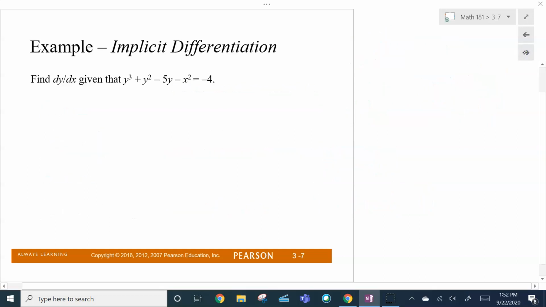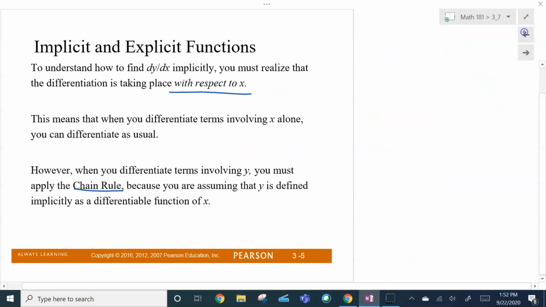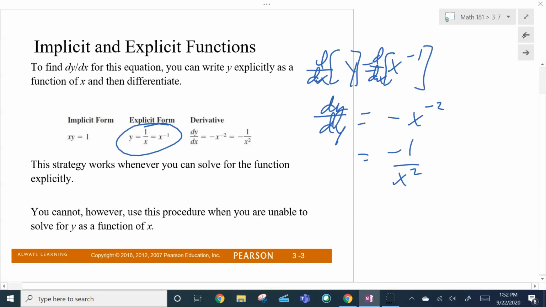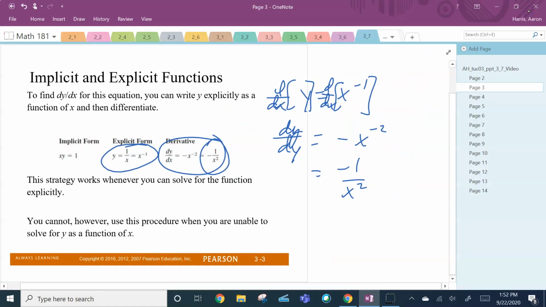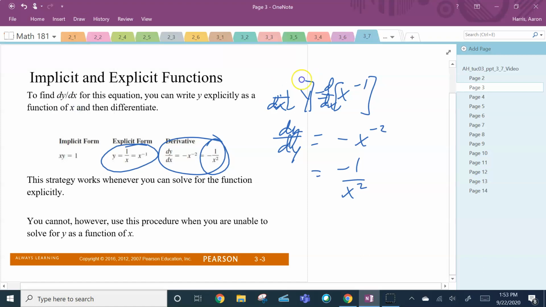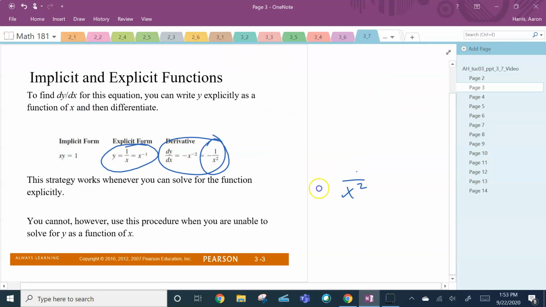Okay? And you know what? Before I do this, let me go back to this one here for a minute. Our xy, when we solve this explicitly and ran it, we get negative 1 over x squared. So we can do this in implicit form now.